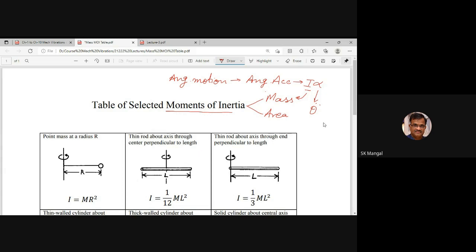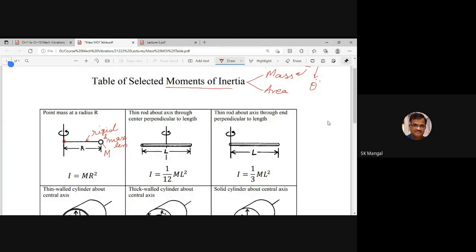When you are having a point mass, this mass is m here, and the string or the rod which is connecting to this mass is rigid and massless. Then it becomes a point mass. And if you take a moment of inertia about this point, it becomes I is equal to m r square.